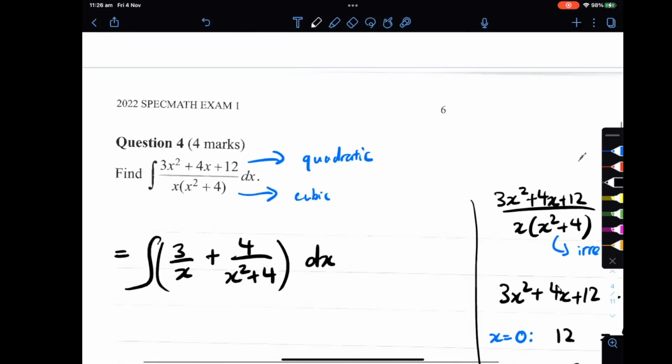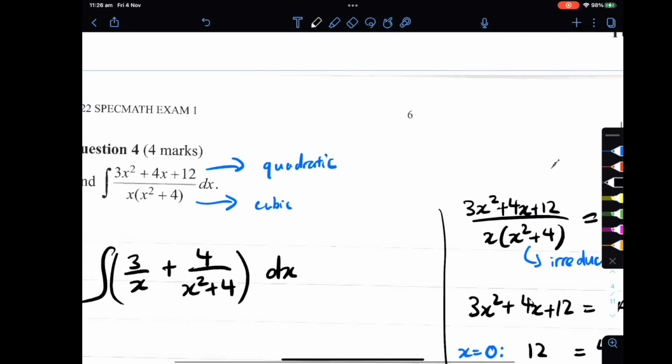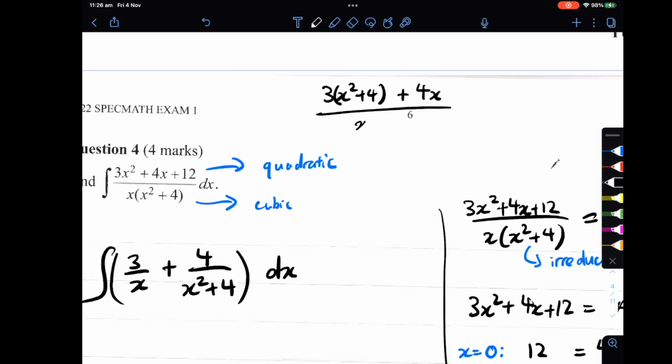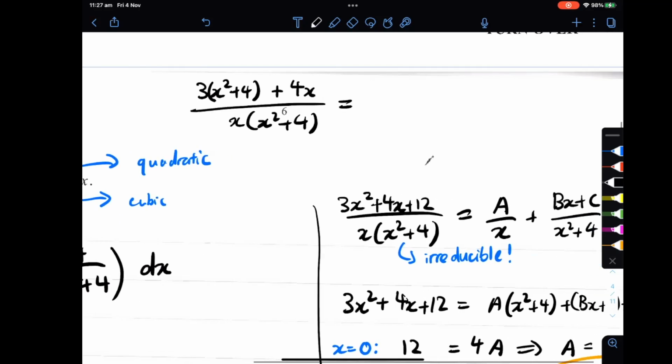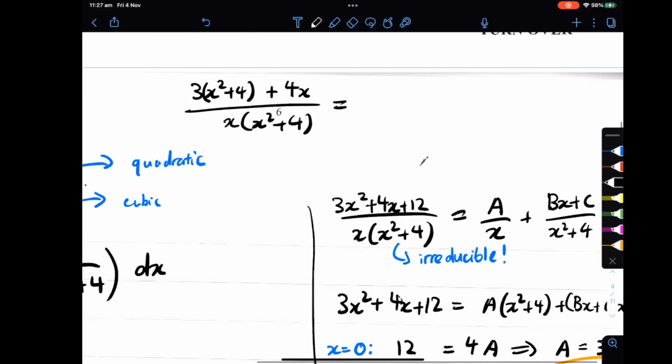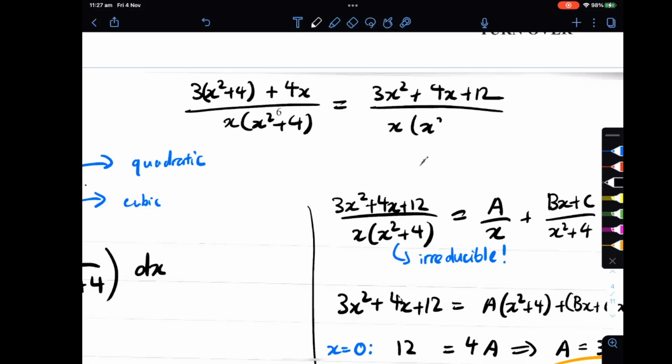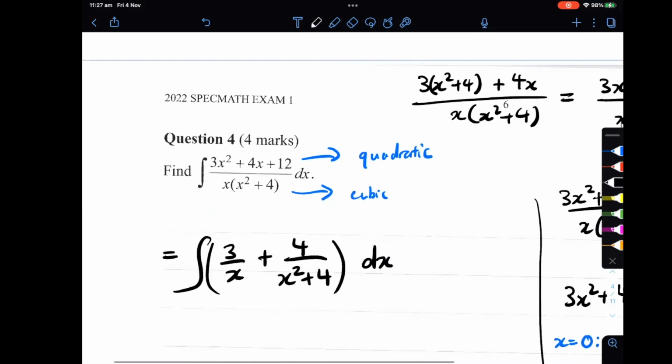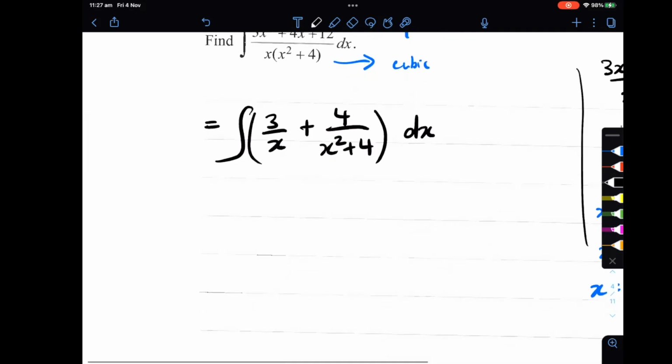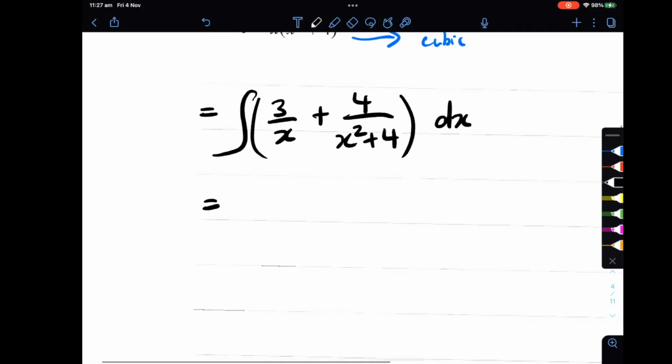I'm just going to do a quick check just to see if this works out. So we get 3x squared plus 4 plus 4x over x times x squared plus 4. And so we get 3x squared plus 4x plus 12 over x times x squared plus 4. Yep, cool, that's fine.